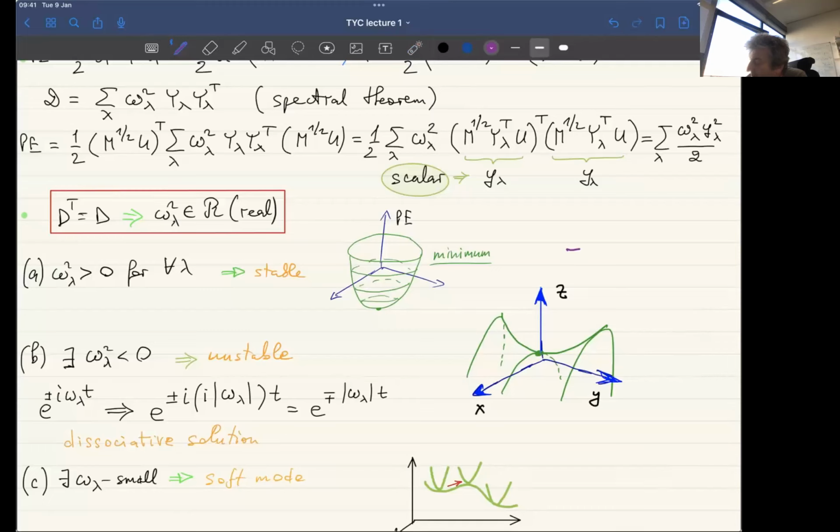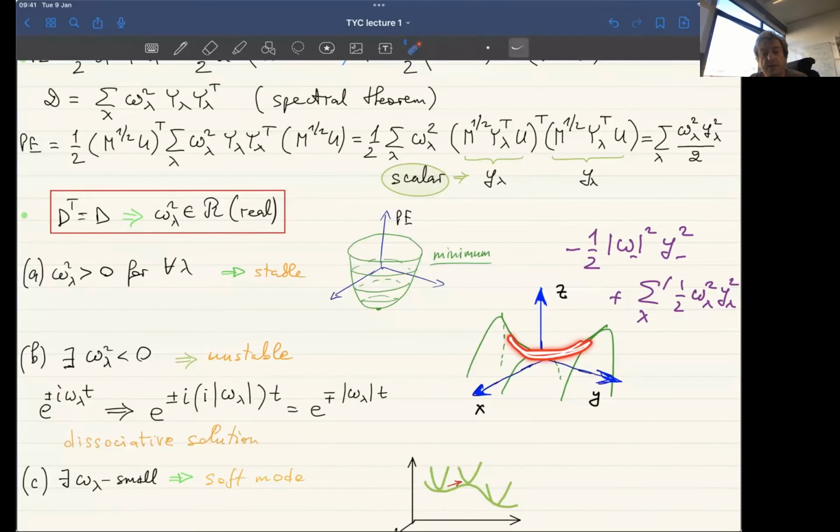It would be minus 1/2 omega negative squared y squared for this negative degree of freedom, plus all other lambdas, 1/2 omega lambda squared y lambda squared, which means that if we displace our system along any other degree of freedom, not this one, but any other, we will always have the system energy increasing. However, if we displace our system along that unfortunate degree of freedom, we will have energy going down.